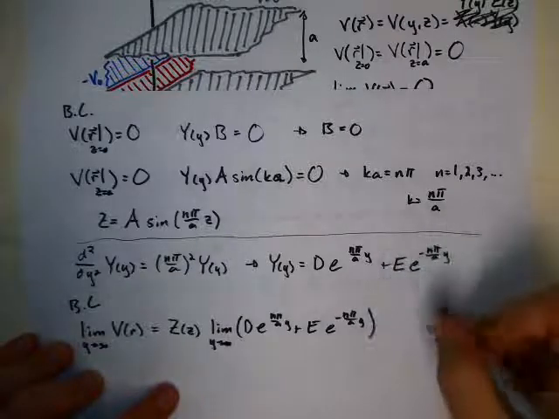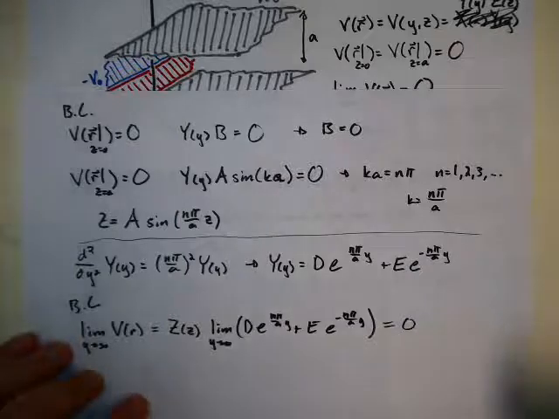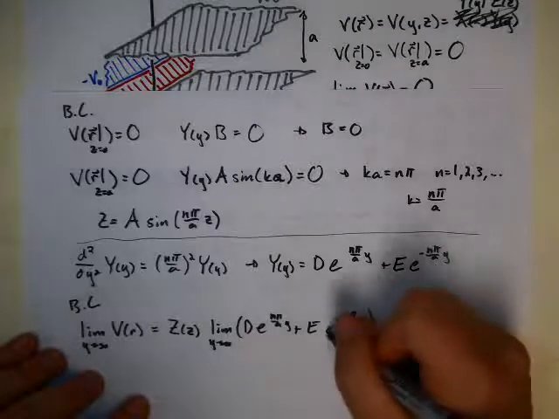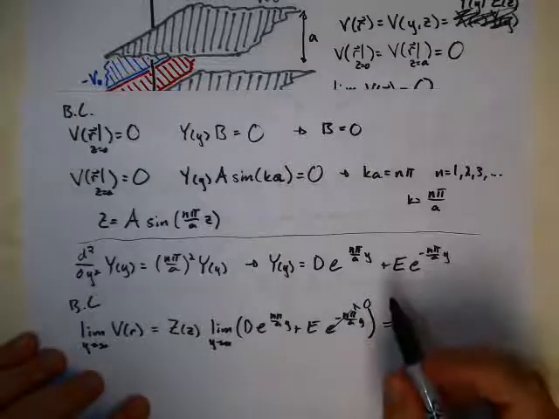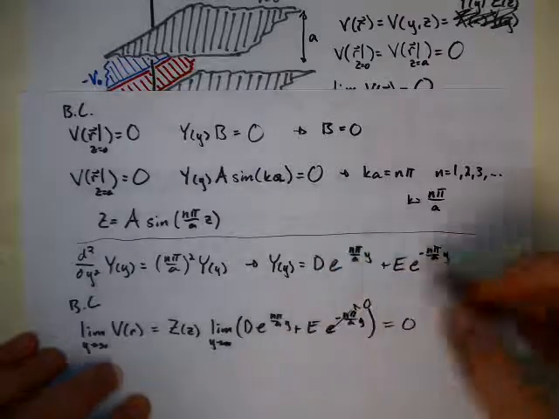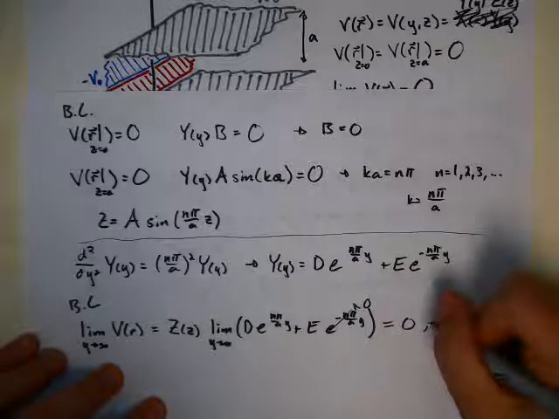And that must equal 0. Well, we can see straight off the bat that in the limit as y goes to infinity, this term here goes to 0, so we're going to ignore it. This term here blows up, so if this needs to equal 0, my constant D must equal 0.